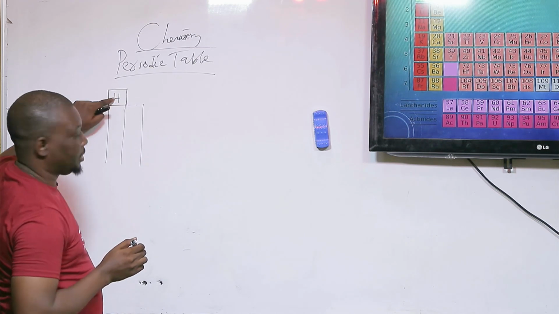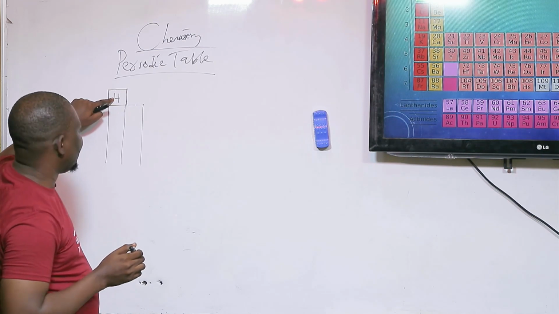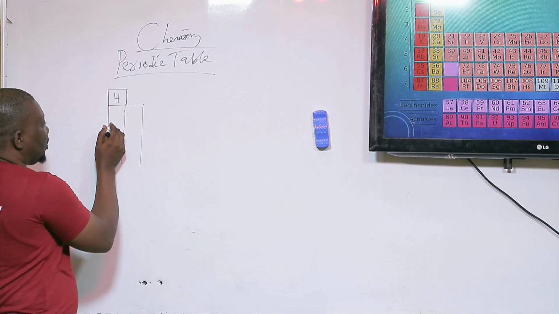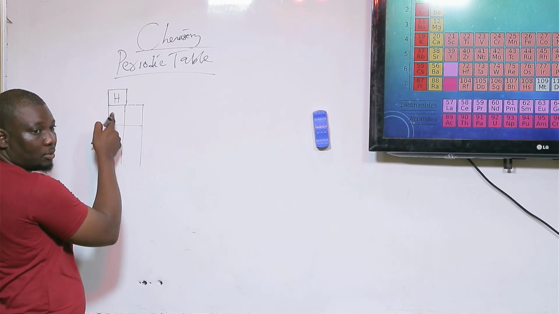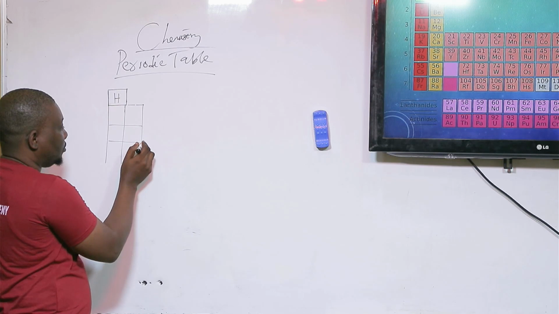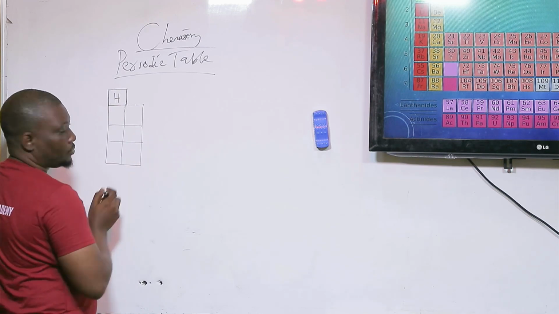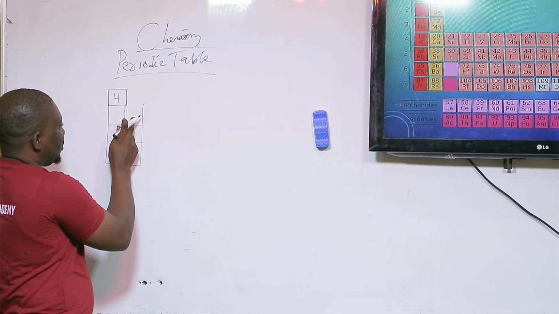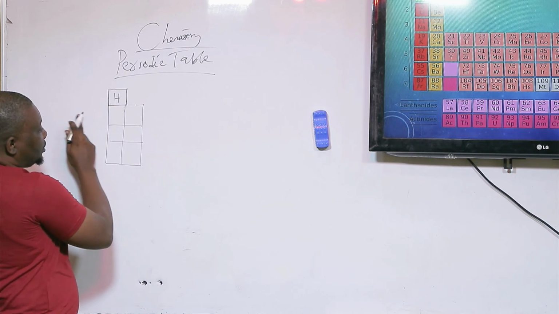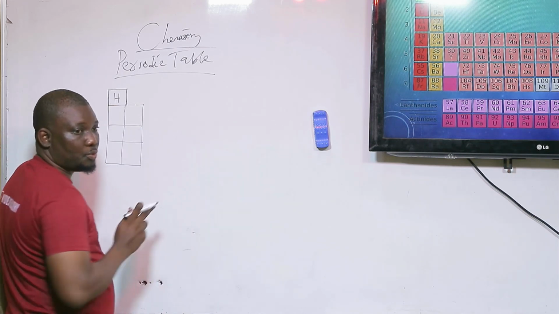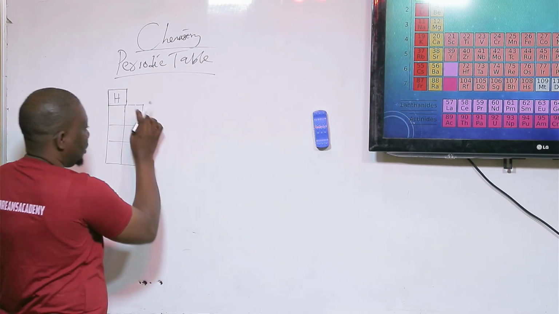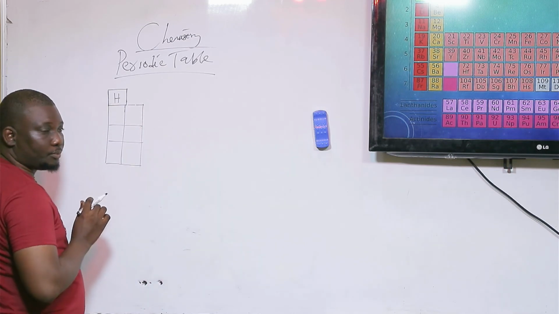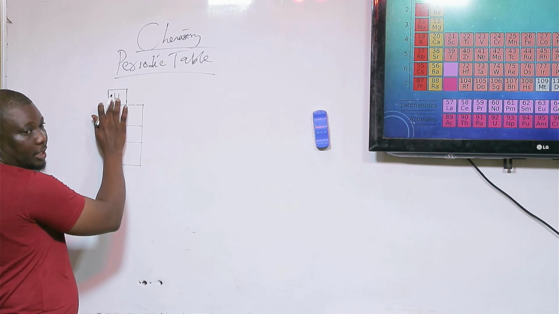Hydrogen is not supposed to be placed here, but I'm going to explain that in the course of the class. So we have another column here, another column, another column. This is a column, but anything that goes across like this is a row. Are you with me now? So this is a row. Each of these is a column.